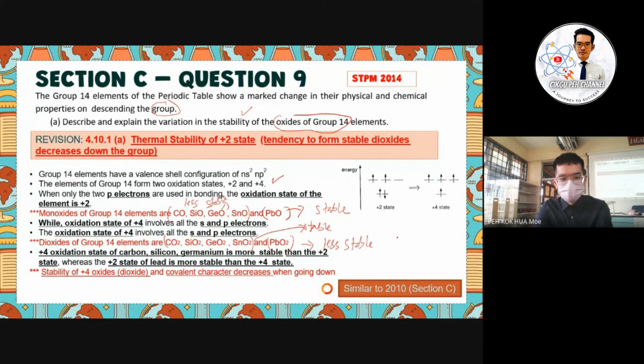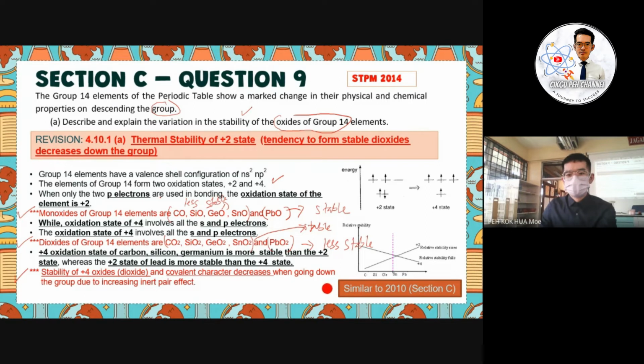Why? Because the stability of the +4 oxidation state and the covalent character decrease when going down the group. So we have to explain the trend, generally. I already set it in red color, so this is the point where we have to write, according to what we learned in the notes.